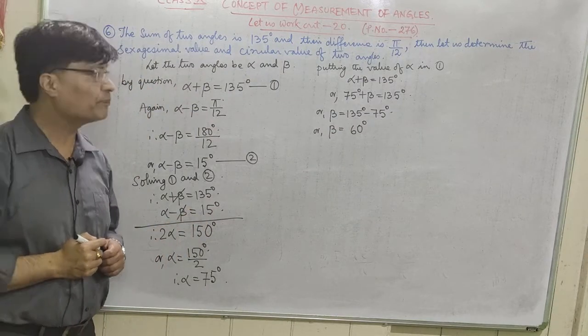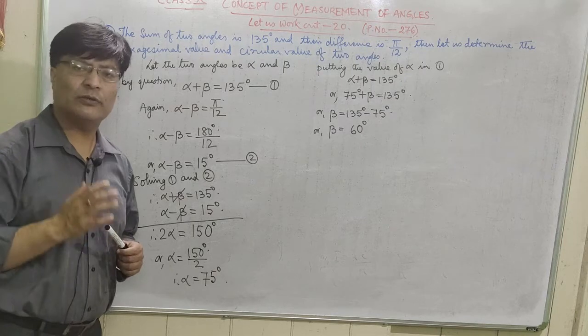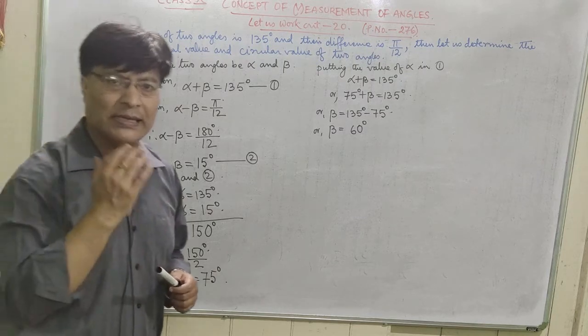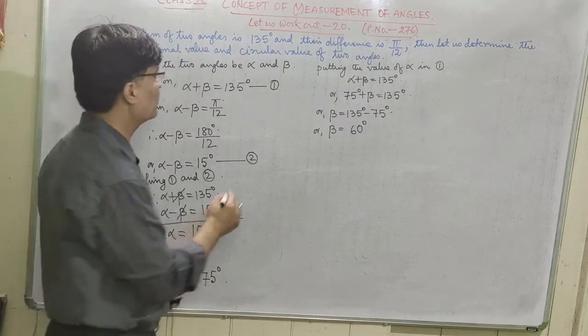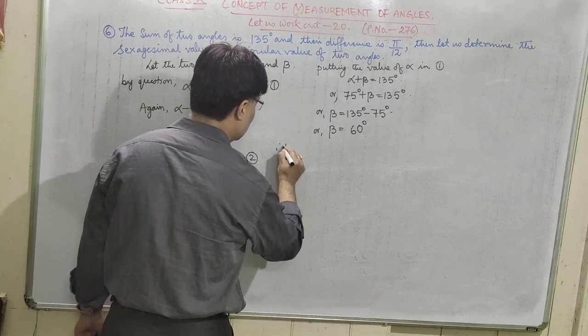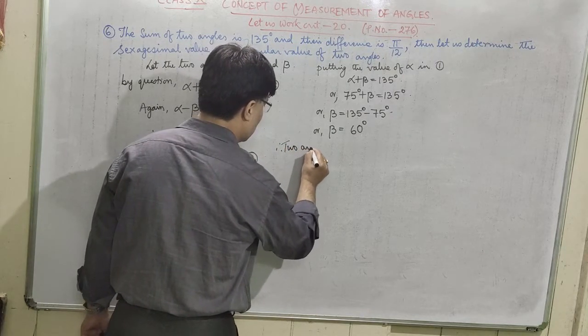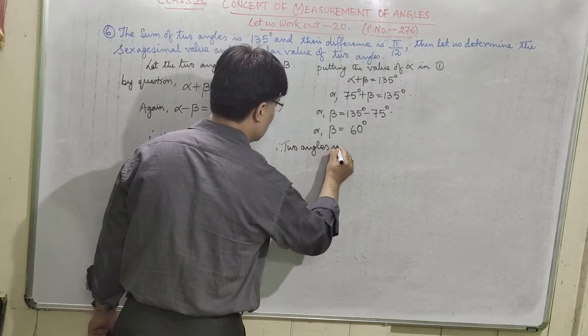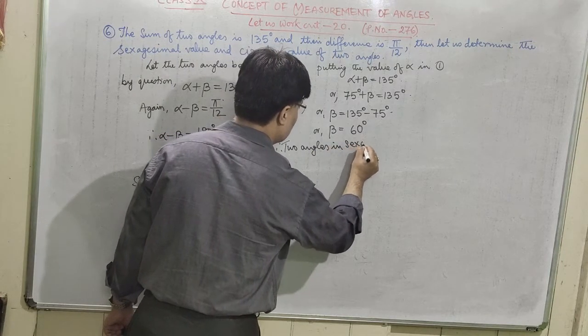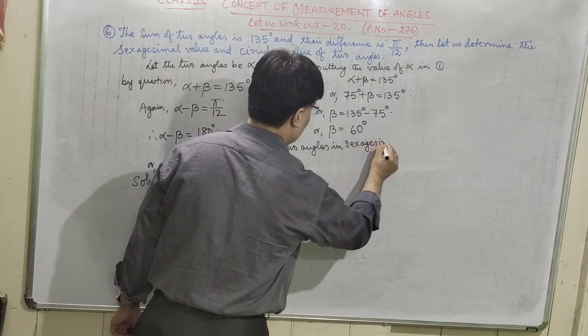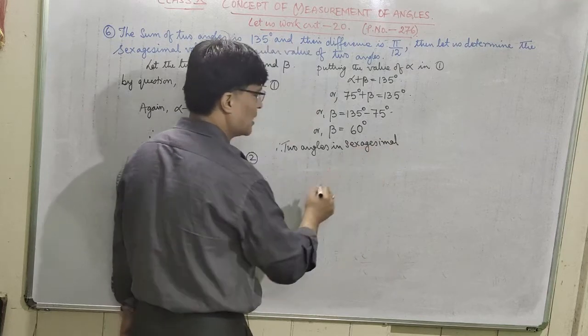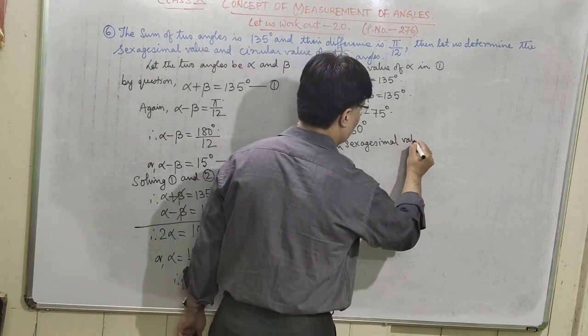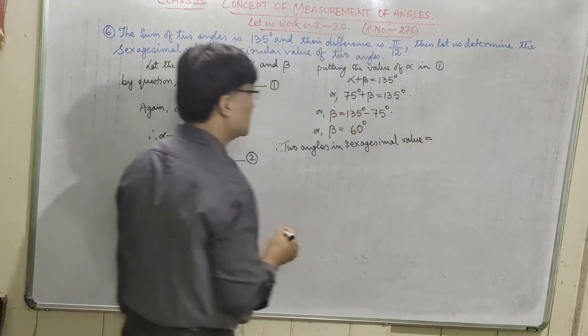Is that clear now? So we have found out both the angles in sexagesimal value. Therefore, two angles in sexagesimal value is equal to, what are they?